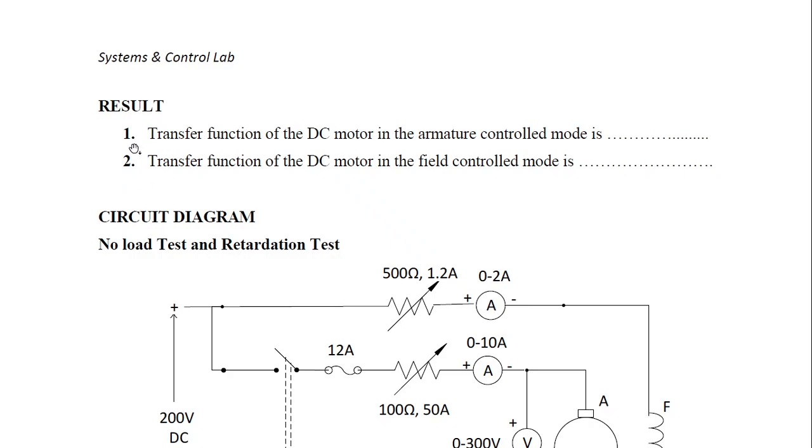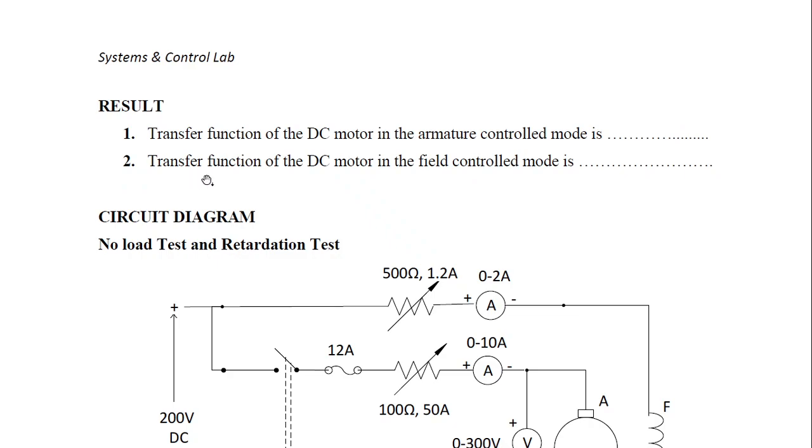That is, result number 1 is the transfer function of the DC motor in the armature control mode of operation, and you have to rewrite that transfer function by substituting for all the unknown parameters.